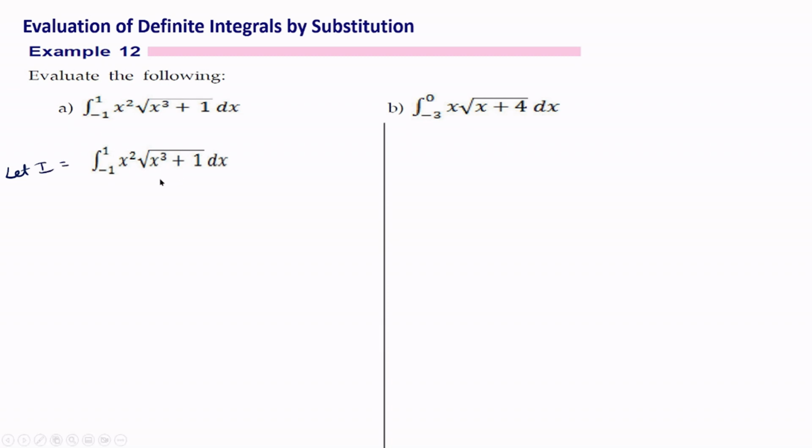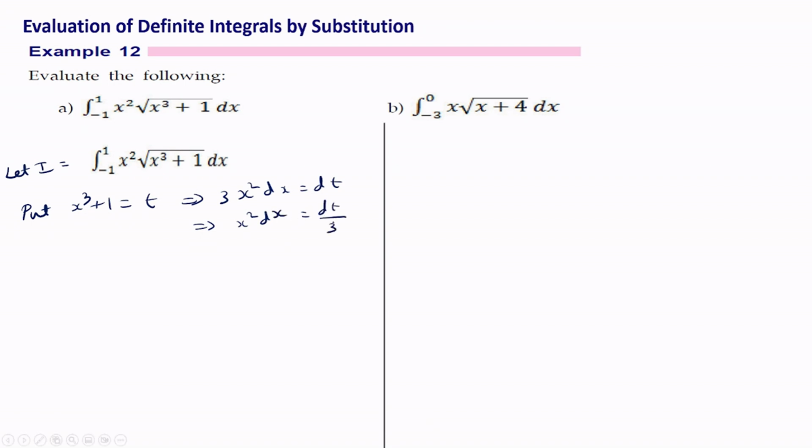Here we can make the substitution x cube plus 1 as t, so that x square dx will be 1 by 3 dt. So let us put x cube plus 1 equal to t. From this we get 3x square dx equal to dt, or x square dx equal to dt by 3.